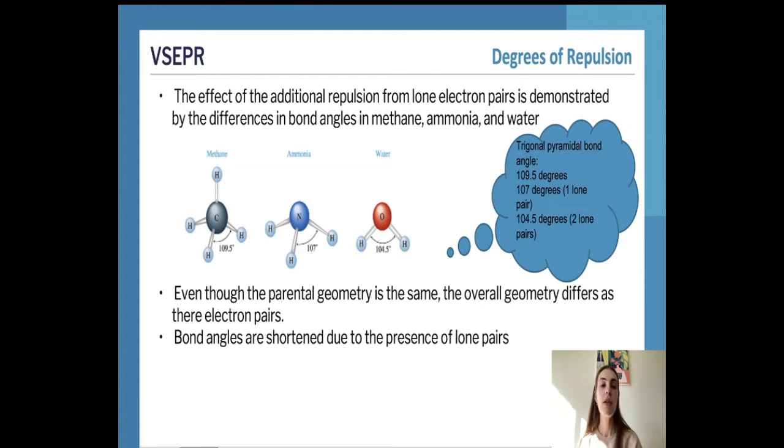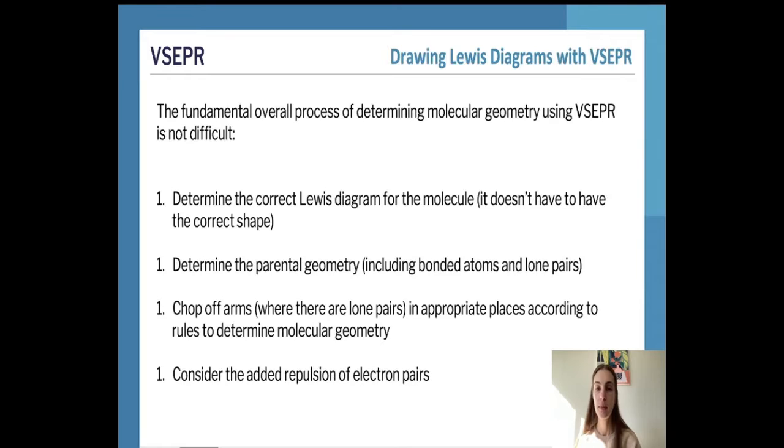Even though the parental geometry is the same, the overall geometry differs due to the electron pairing. The bond angles have been shortened because of the presence of lone pairs, just because of our repulsion theory, where the lone pairs push the rest of the atoms away, shortening those bond angles.